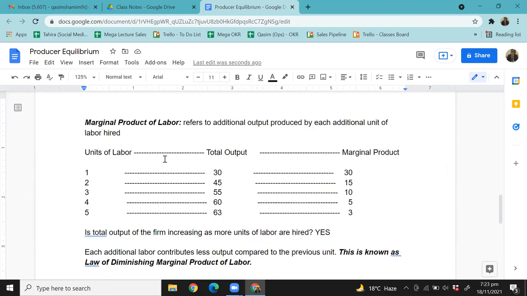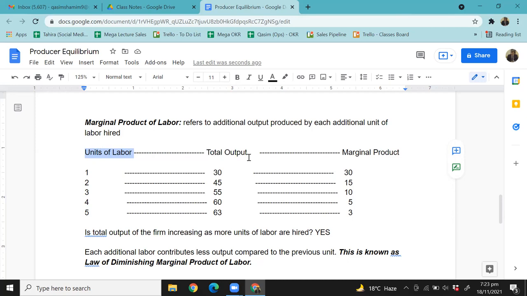Now, what example did I give you in the last class? Let's say there's a factory that manufactures anything, footballs, bottles of water, or juices. This is the units of labor that this factory is hiring: 1, 2, 3, 4, and 5.